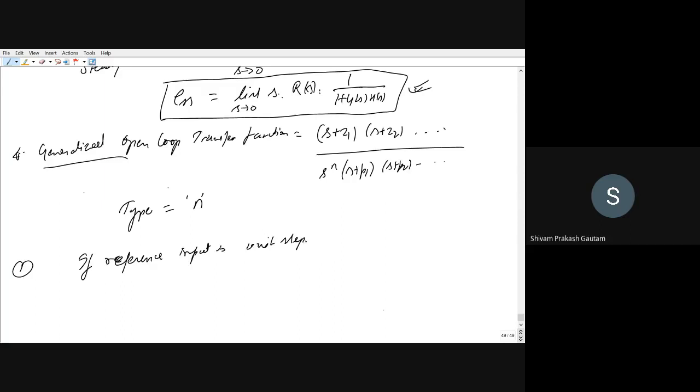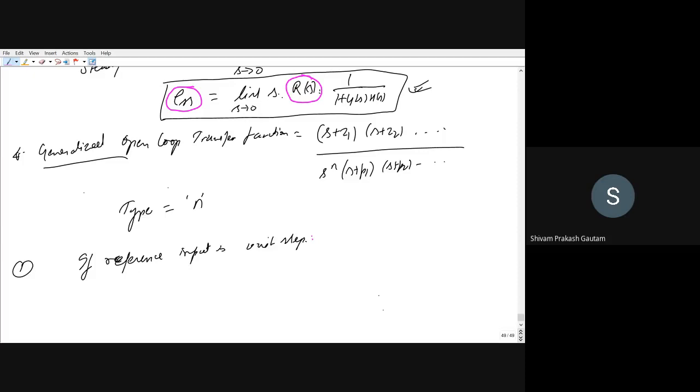This is R(s), that is the input. One by one, first we will put unit step instead of R(s), then ramp function, then parabolic function. Then we will calculate what E(s) is.